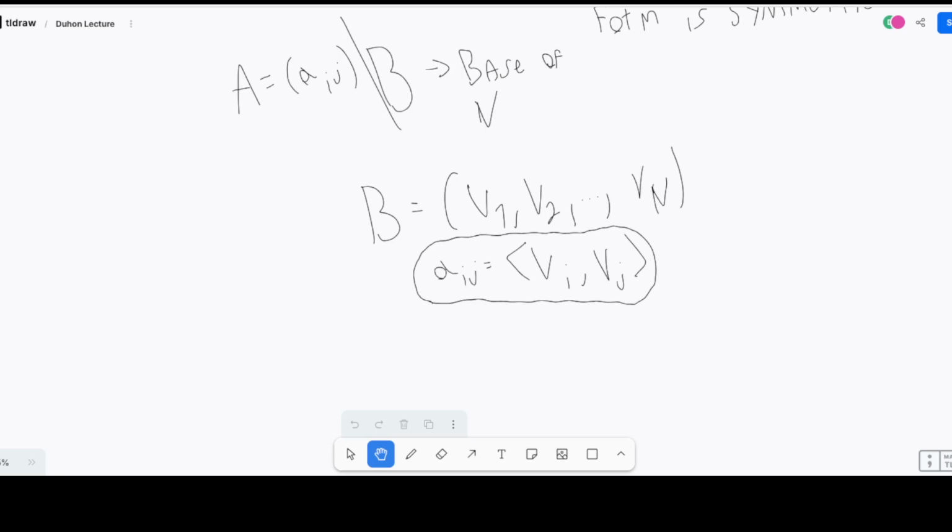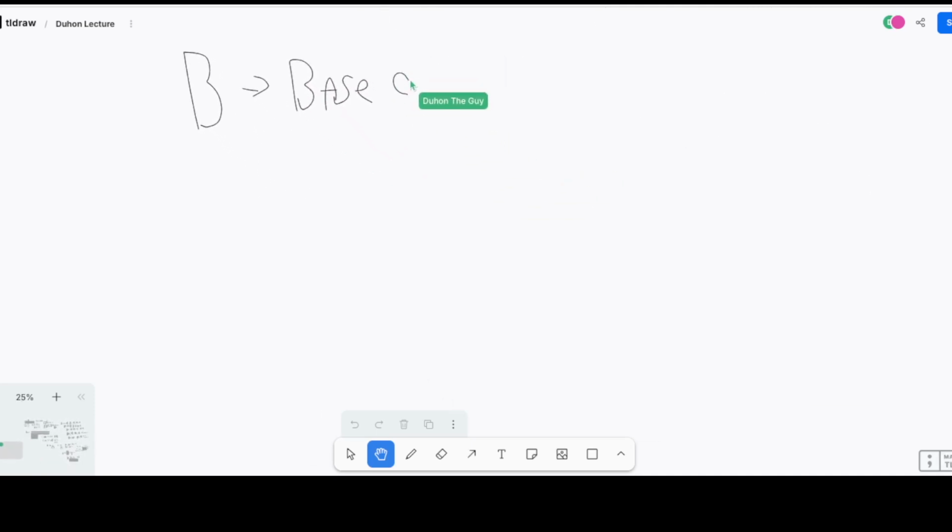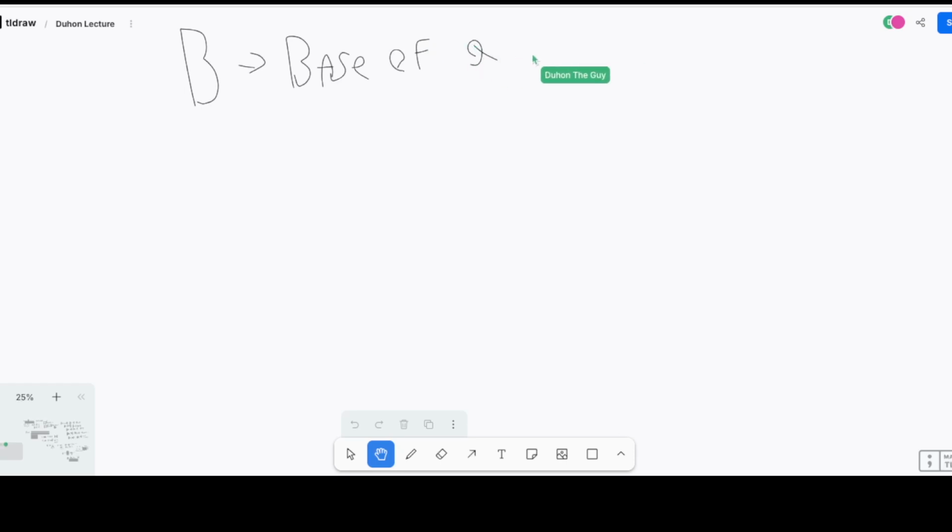I think it will be fine. If we go a little bit to the side, there you go. Okay, so B is the base of a vector space V. So that's clear, I suppose.